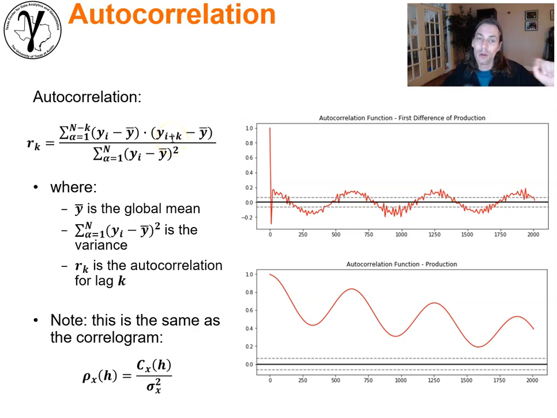Because we're working with usually regularly spaced data, we'll say i index, and we'll talk about k being the offset in regularly spaced data. How many data are we jumping to go over? And we're dividing by the variance of the problem. So this is no different than what we talked about before. We have a centered measure of autocorrelation. Once again, this is just the same as the correlogram that we discussed before.